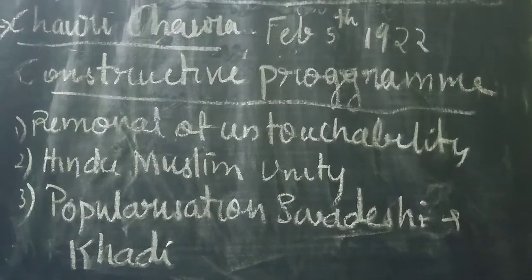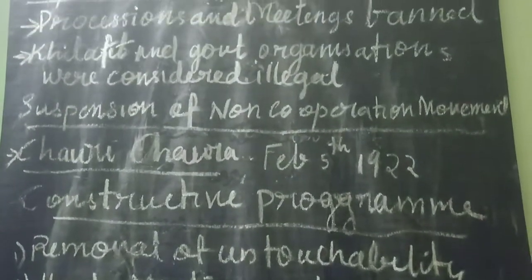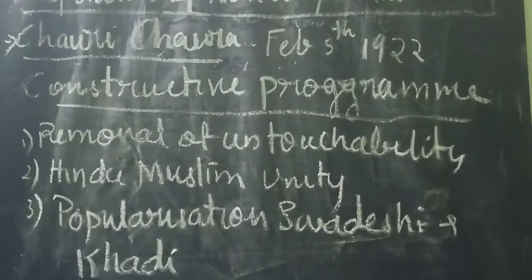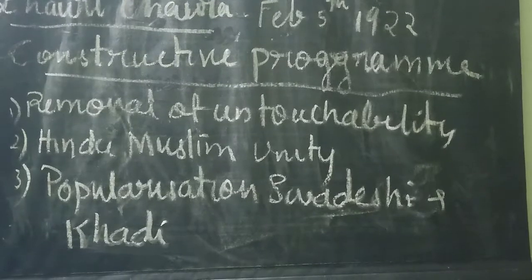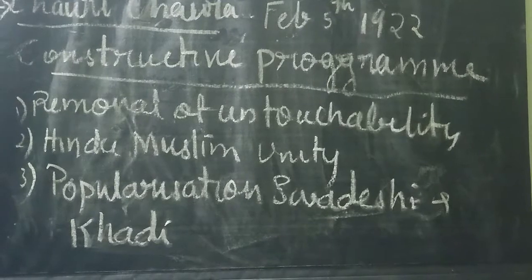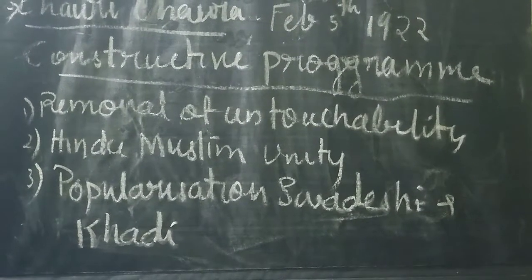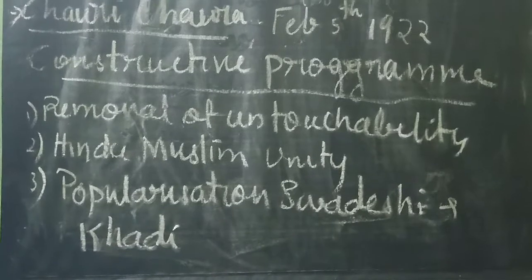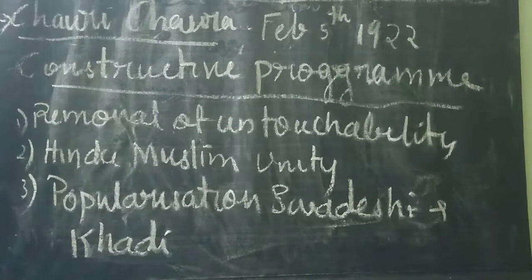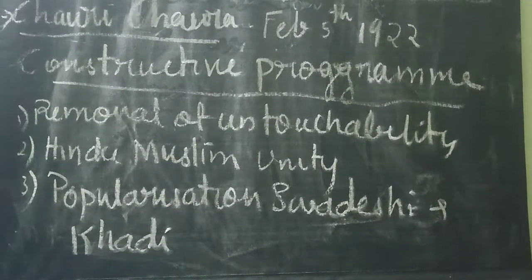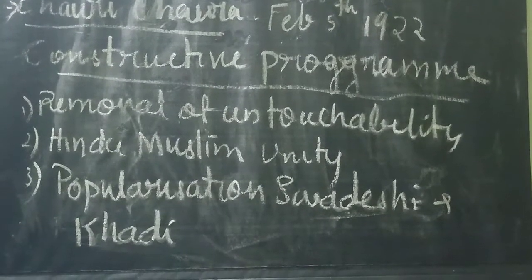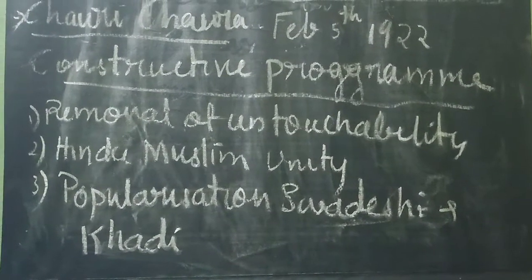So the police got angry when the 3,000 persons marched to the police station. They fired at the persons.